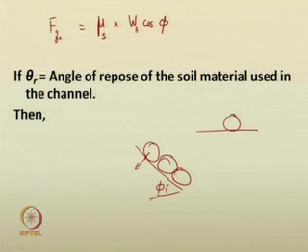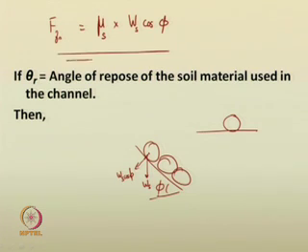This component is in this direction, this is the actual submerged weight of the particle W s. So, this component can be given as W s cos phi. So, the friction force F is equal to the coefficient of friction into W s cos phi.